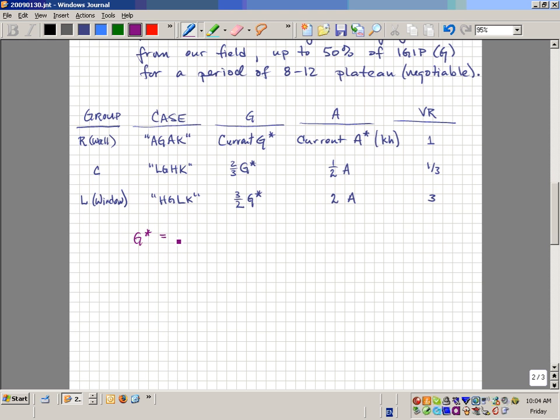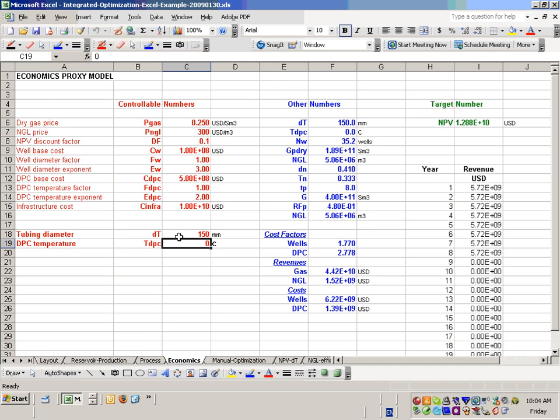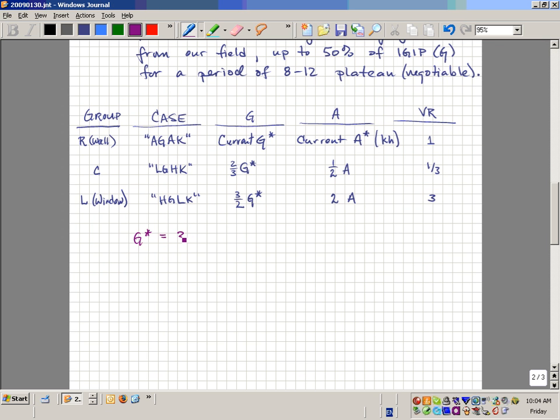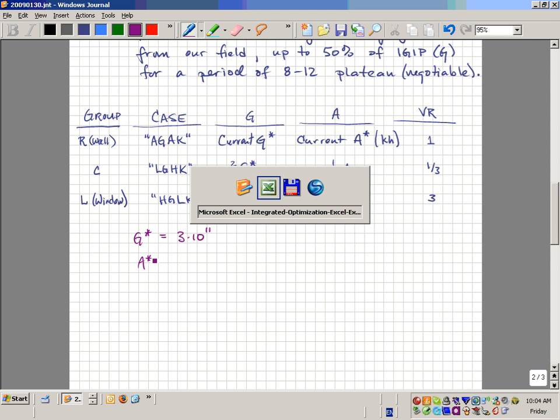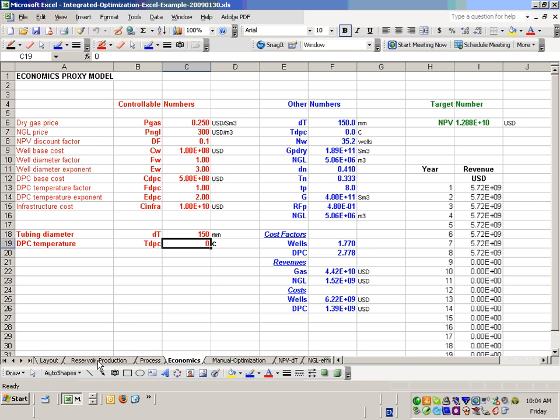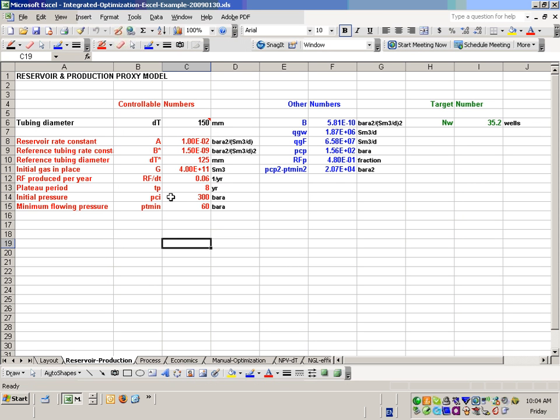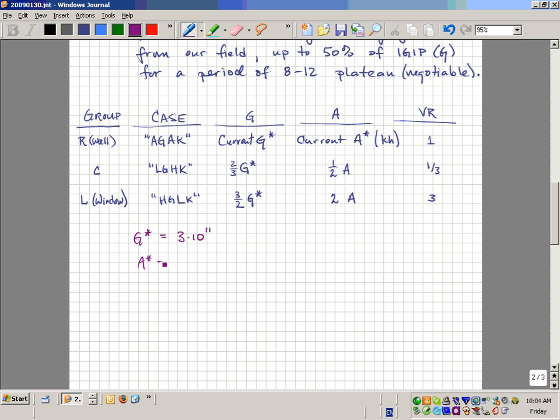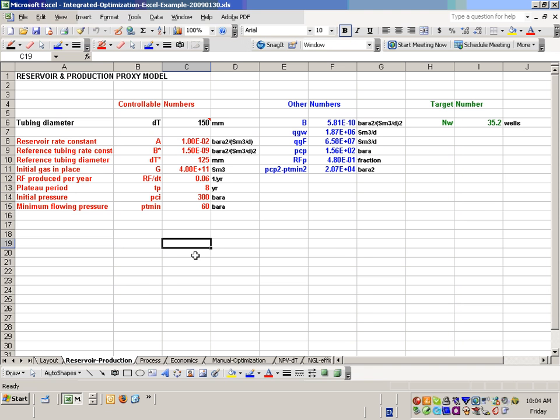Is that what it is now? Okay, so let's make this 3 times 10 to the 11th. Okay? And the A star can be, I think this is okay. That's what it is now.